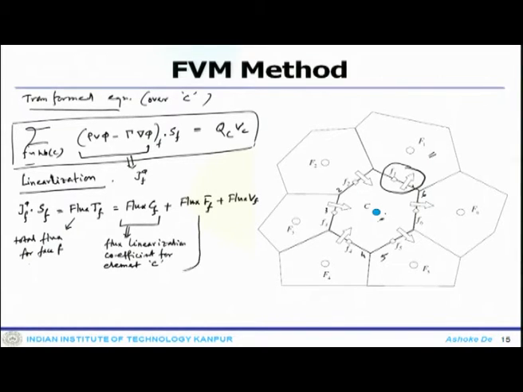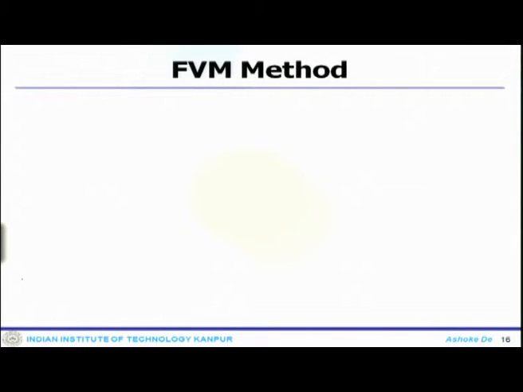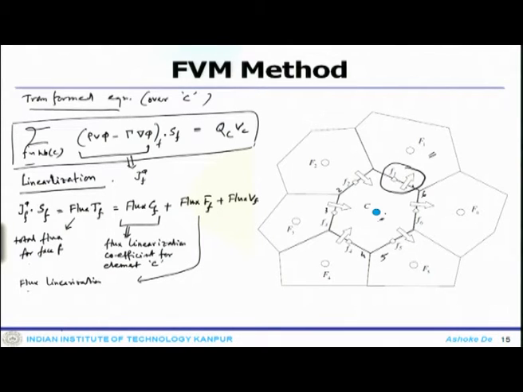The second is the flux linearization coefficient for element F. If you are talking about this flux, mind that we are talking about the total flux for a particular phase.